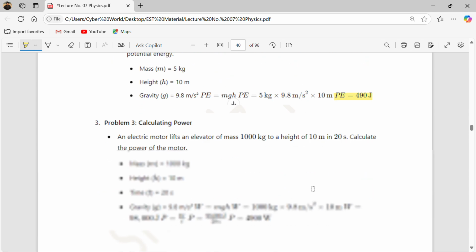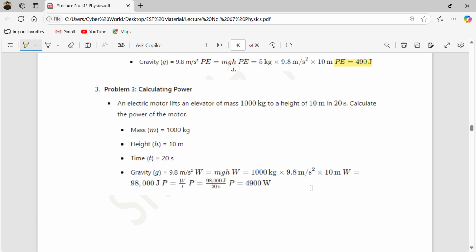Okay. So what if you want to calculate the power? Let's take an example. An electric motor lifts an elevator of mass 1000 kg through a height of 10 meters in 20 seconds. Calculate the power. We know that power is work done per time, and work done is equal to F dot d. F is equal to MA.